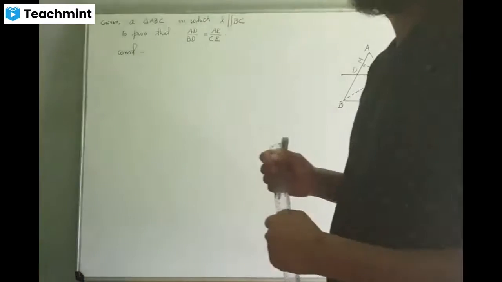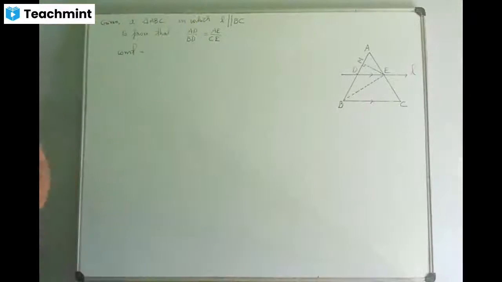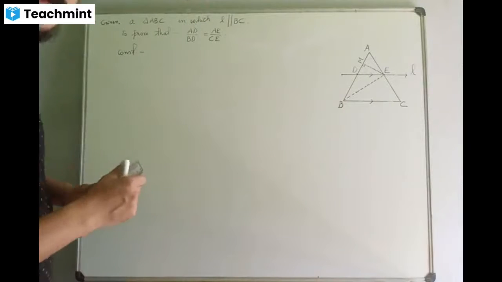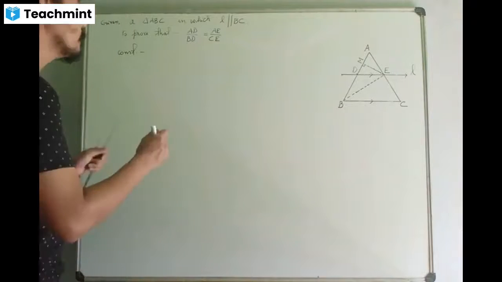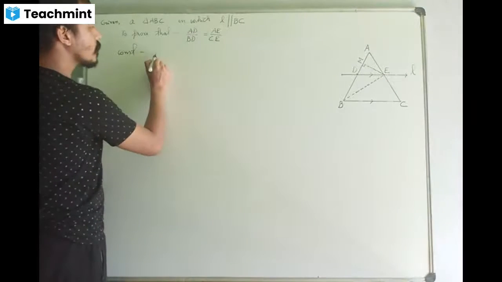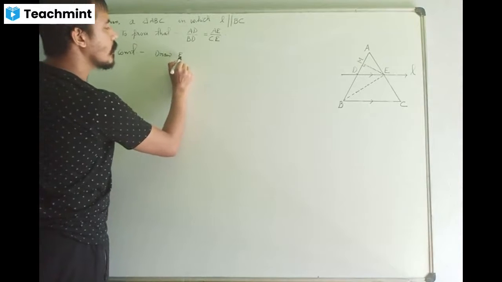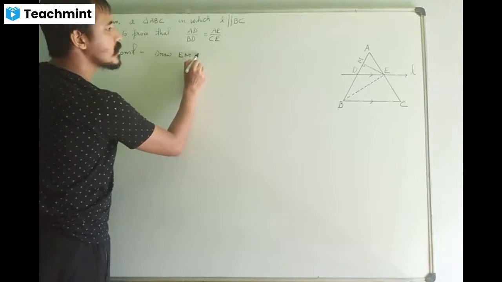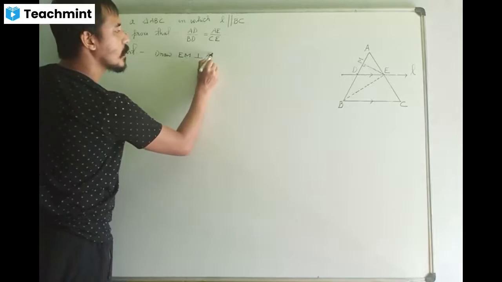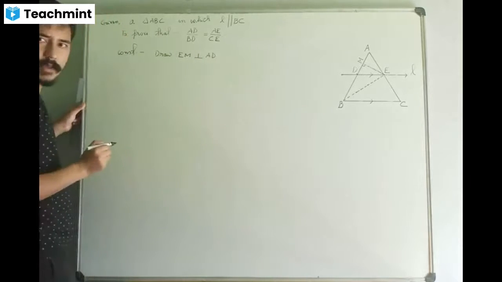Okay. So class, what have we done here? We have done something extra apart from what is given. We have drawn EM, which is perpendicular to AD. Okay?